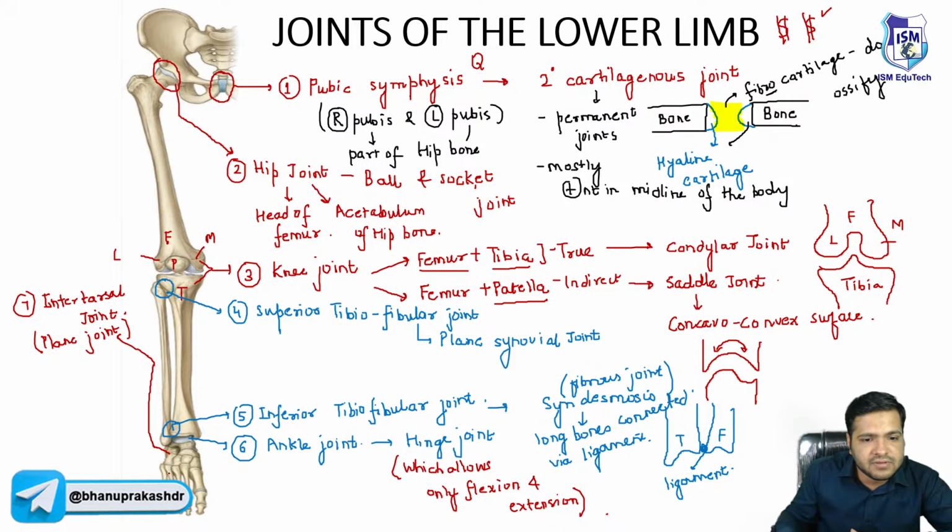Now these are the tarsals and these are the metatarsals, so between these two there are also joints. So this joint between the tarsals and the metatarsals is called the tarsometatarsal joint.